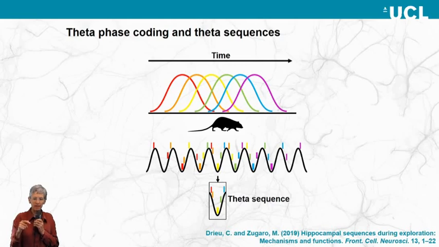By the time the rat has got to the middle, and you can see the little cutout there, if you look within that theta cycle, you can see that the red cell fires first, then the orange one, then the yellow one, then the green one, then the blue one. It hasn't reached the purple one yet.